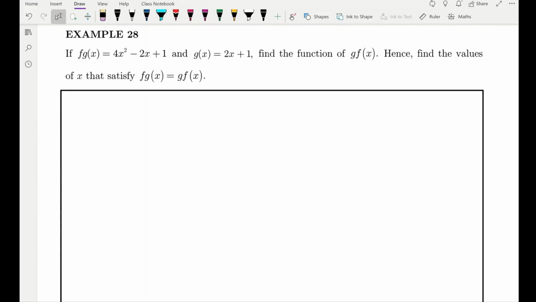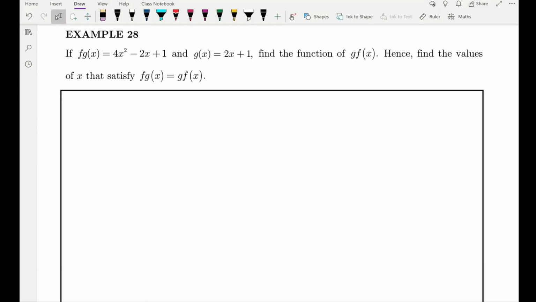Example 28. If f(g) equal to 4x squared minus 2x plus 1 and g(x) equal to 2x plus 1, find the function of g(f). Hence, find the value of x that satisfies f(g) equal to g(f).